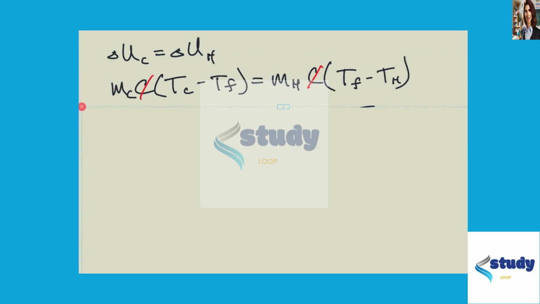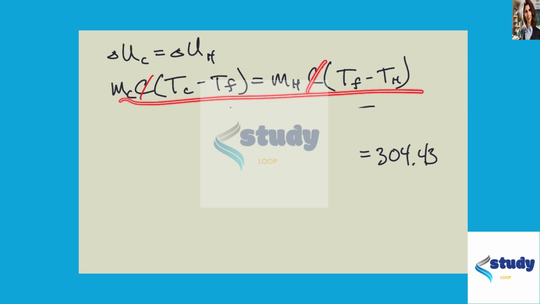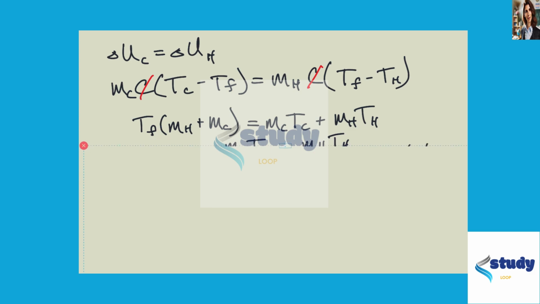So we equate those two things, and we get the equation here, and the heat capacities cancel out. If we rearrange some things, we find that the final temperature times the total mass equals the mass of the cold water times the temperature of the cold water plus the mass of the hot water times the temperature of the hot water.